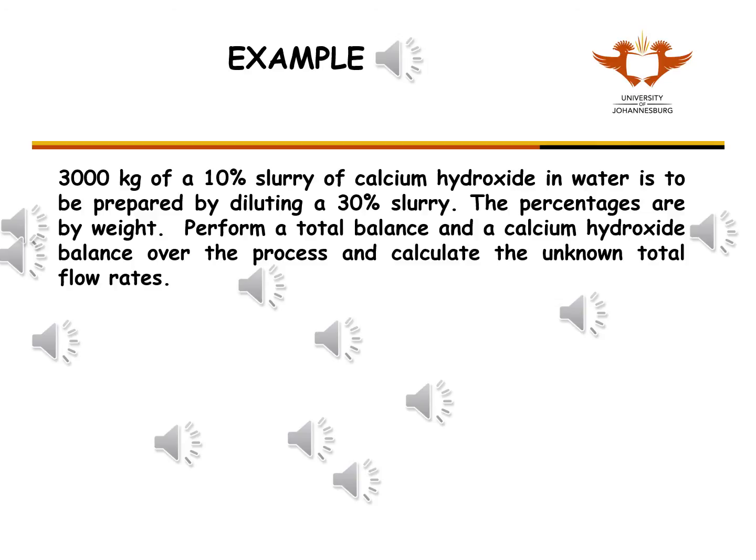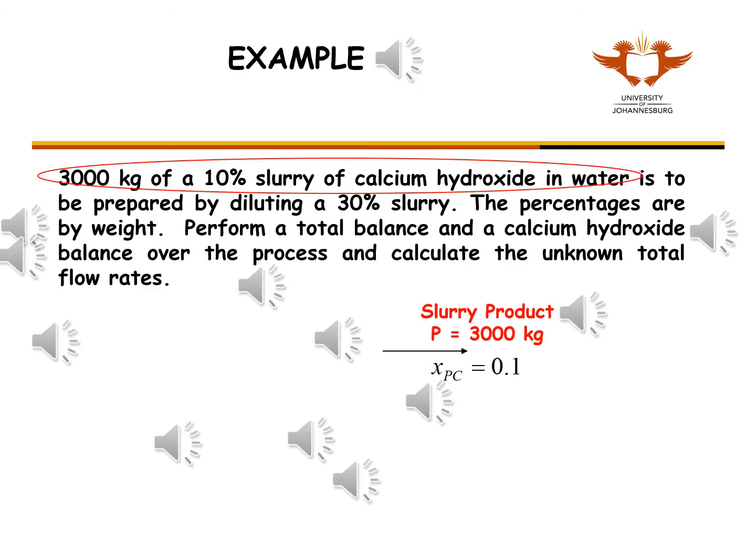The first thing to do is to draw the flow chart. The product, stream P, is 3000 kilograms of a 10% slurry. A slurry is thin and sloppy, something similar to mud. A 30% slurry is one of the feeds.